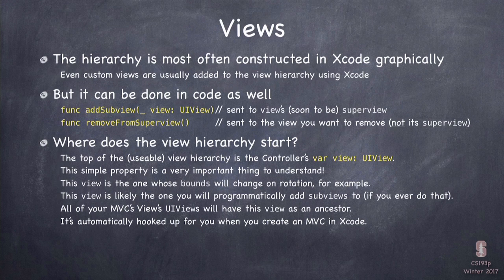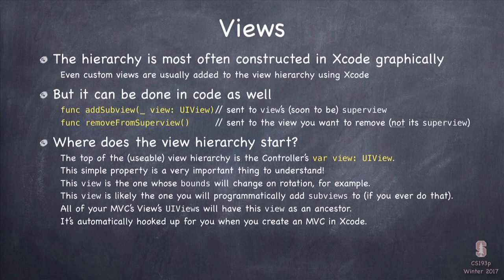And there is an important instance variable, a property, in UIViewController. All subclasses of UIViewController get this property. It's called view, and it's a UIView, and it's that top level view. It's very important to understand that in an MVC, the controller always has this var, which points to the very top of that view hierarchy in its scene.